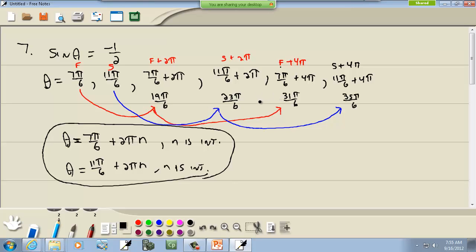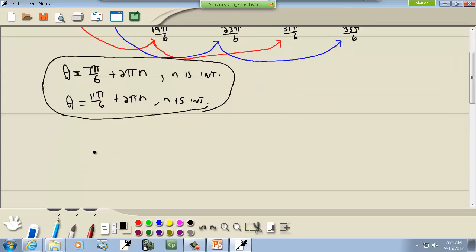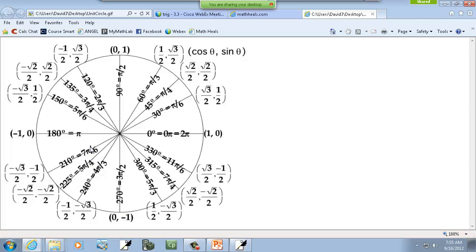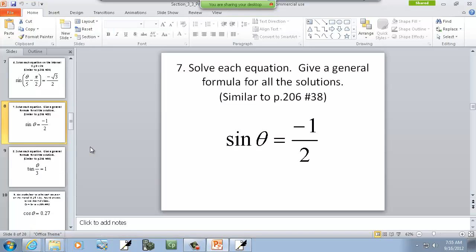So that doesn't have a pattern. So that's why we have to take our first angle, add 2 pi n, second angle, add 2 pi n. Now some books will actually take this and merge it together with this, but I'm going to leave them in. Yeah, let's look at our next problem.